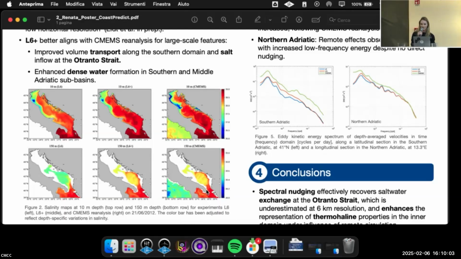The circulation also evolved accordingly, and even in very remote areas like the Northern Adriatic, where we didn't apply any direct spectral nudging, the kinetic energy could evolve with the inner domain dynamics of the model.